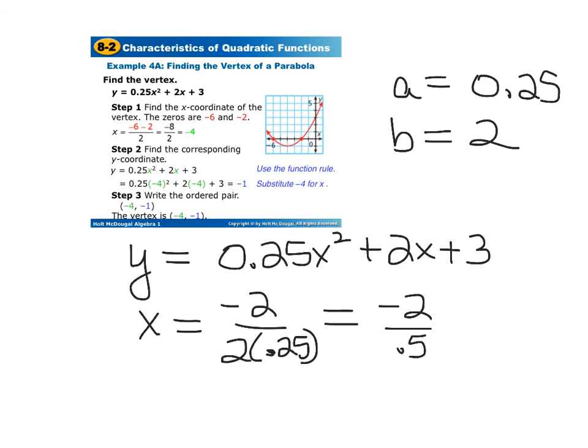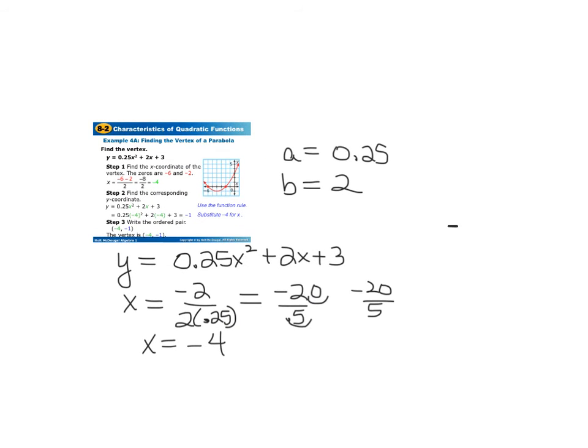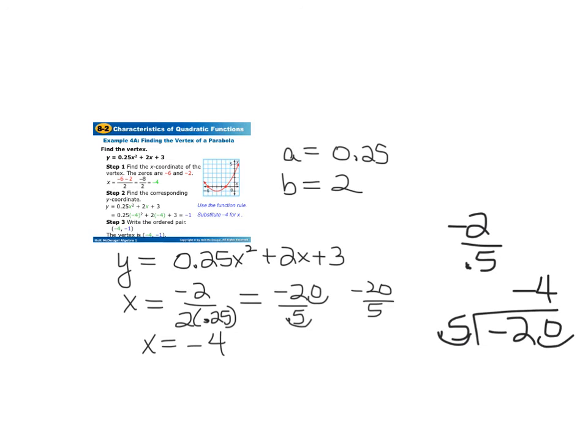So I can either move my decimal point once and move it once, and now it's negative 20 divided by 5, and my axis of symmetry here is negative 4. Now, if you'd rather leave it, the negative 2 over 0.5, and divide it that way, you move this once, move this once. So then it's negative 20 divided by 5, and you still get the negative 4. So my axis of symmetry is negative 4.